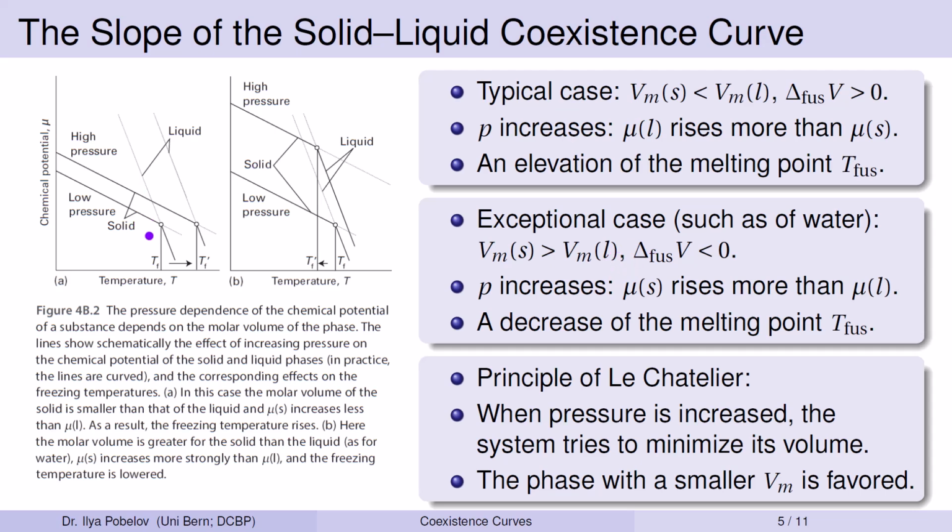The equilibrium between phases can be restored by either raising or lowering the temperature, depending on the relative values of the molar volumes of the phases. For instance, in the normal case, if we increase the pressure, the solid phase becomes relatively more stable. Consequently, we need a slightly higher temperature to re-establish the equilibrium between the solid and liquid phases.